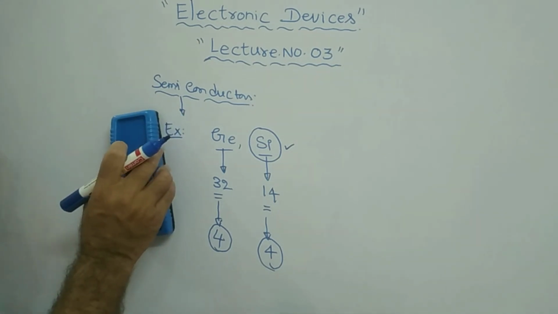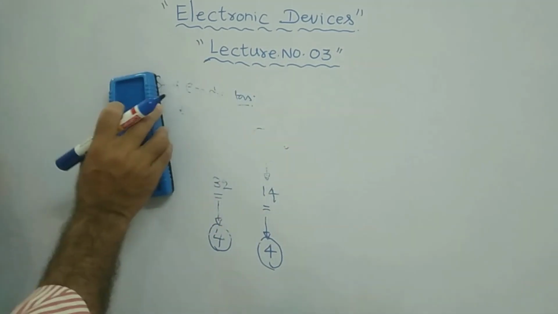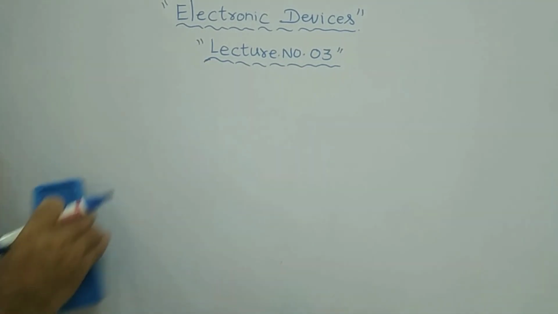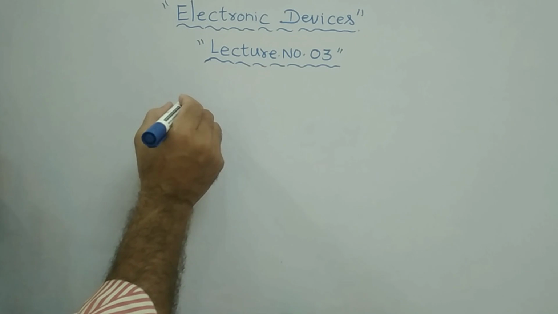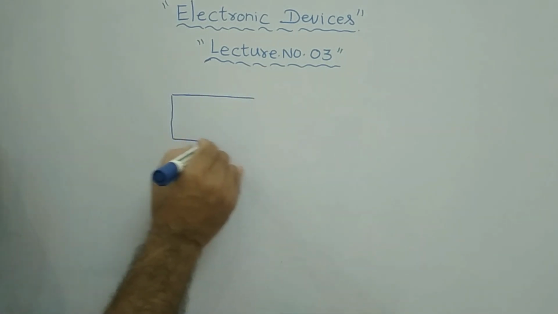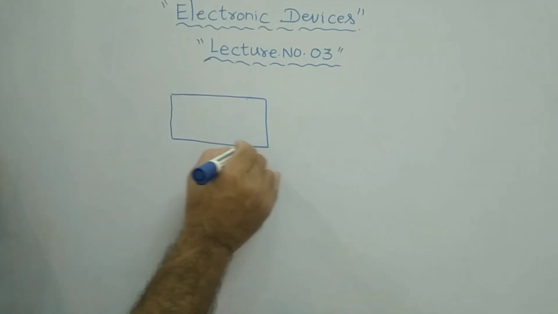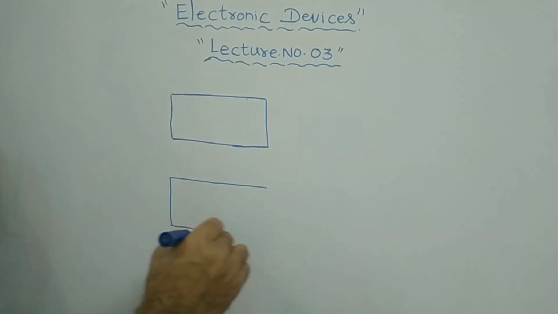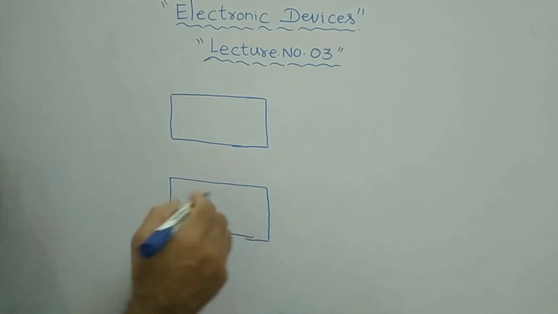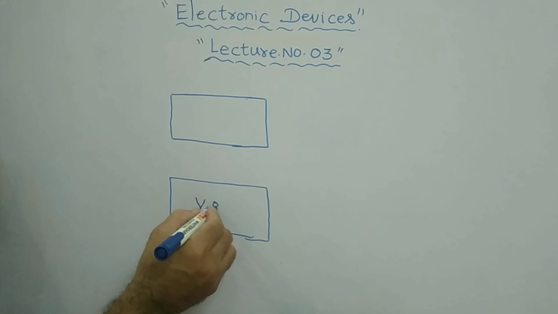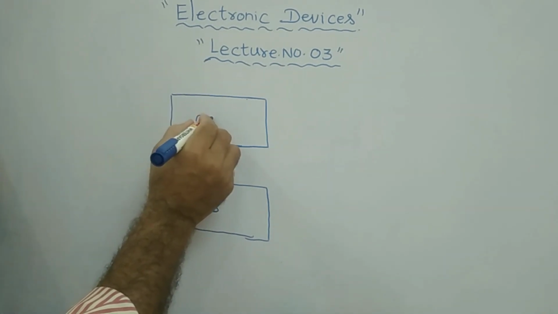Now, if you see the band gap or energy band diagram of the semiconductor, as I explained in the previous presentations, for your quick reference I will explain it one more time. Consider these two bands. The bottom one is called the valence band, and the upper one is the conduction band.